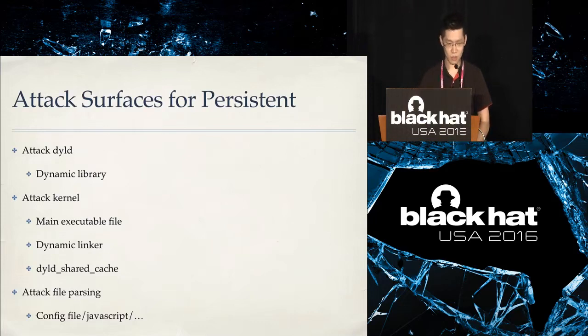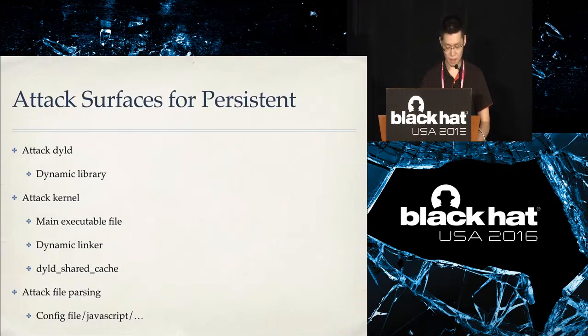So we took a look at the attack surface here. First of all, it's DYLD. In past jailbreaks, most attacks were aimed at DYLD. DYLD is responsible for loading the dynamic libraries, so if you can find a vulnerability in DYLD, you can load an arbitrary dynamic library.